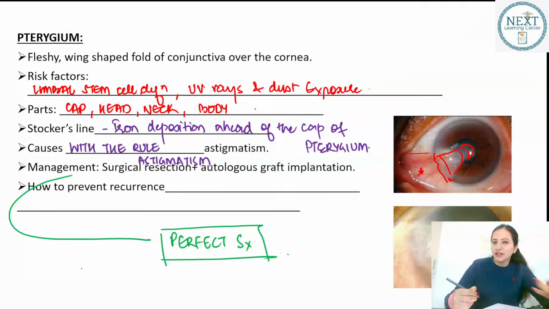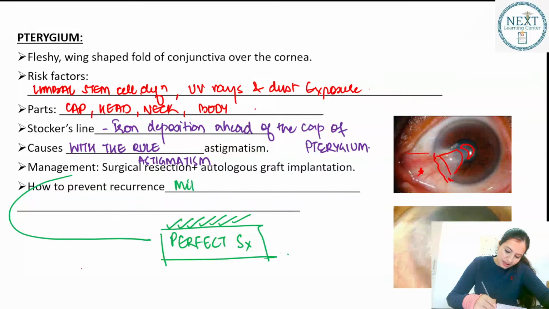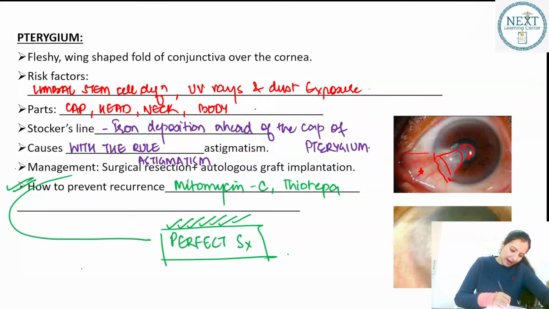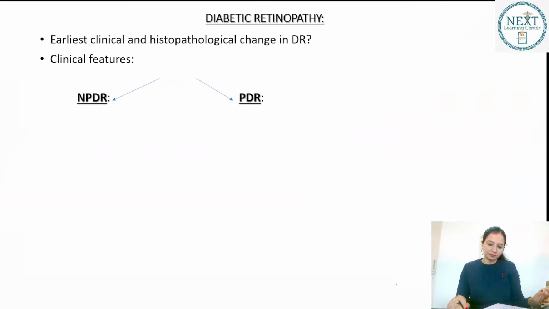Perfect surgery is pterygium extended resection followed by extended conjunctival transplantation. How to prevent recurrence? By using drugs such as mitomycin C and thiotepa. There has been a question on this. This with the rule astigmatism is an expected question.